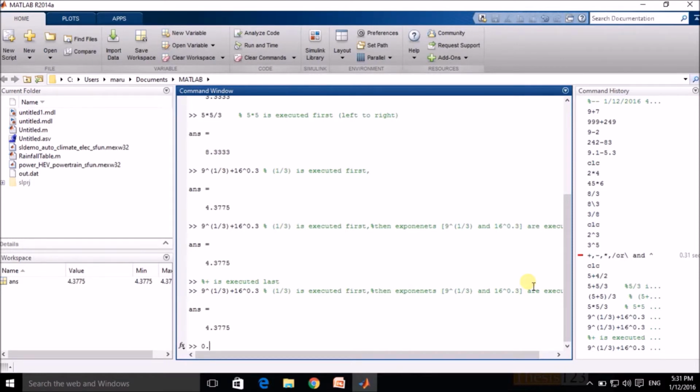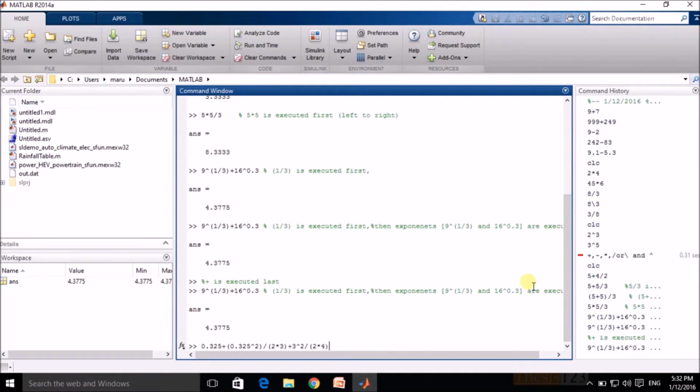It's 0.325 plus 0.325 power 2 by 2 into 3 plus 3 power 2 by 2 into 4. This is the mathematical expression.